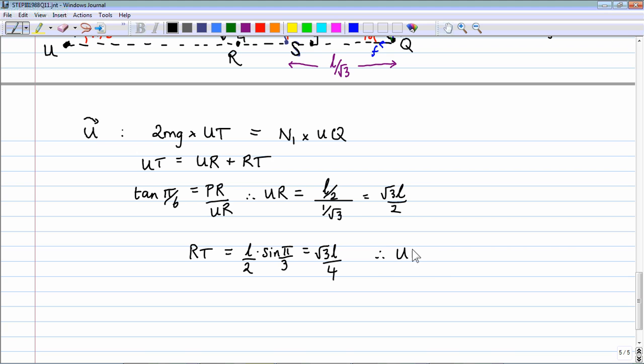So finally UT is UR. So we're going to add UR, which we calculated here, and RT, which we calculated here. So UT is L root 3 over 2 plus root 3 over 4. So that gives me 3 root 3 over 4 L for UT.